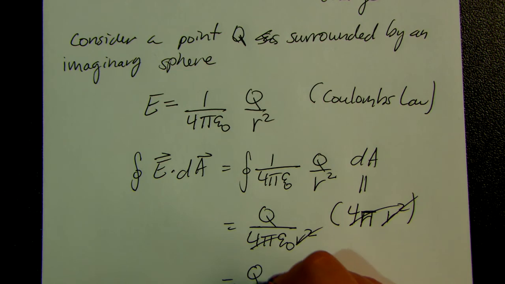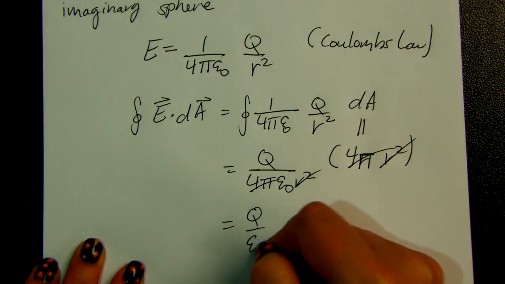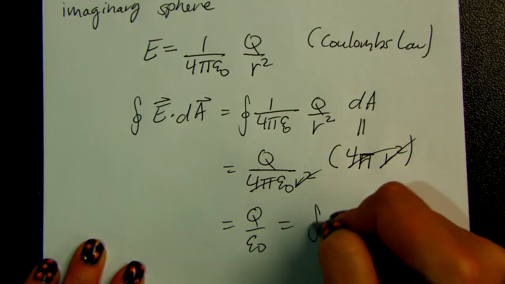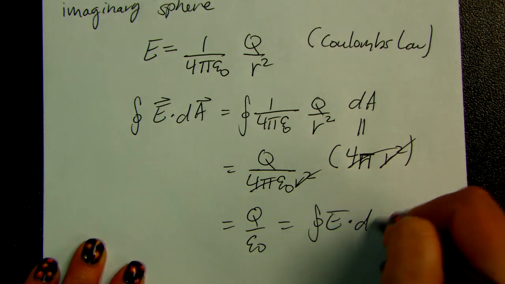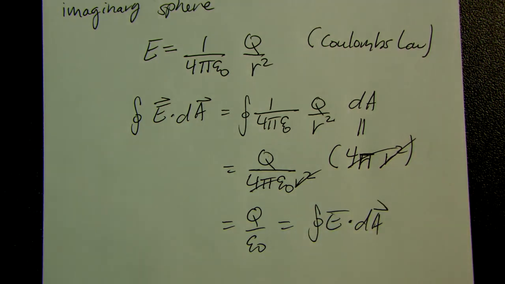And we're left with Q over epsilon naught being equal to the surface integral of E dot dA. There you go. So we can see that one can be used to show the other.